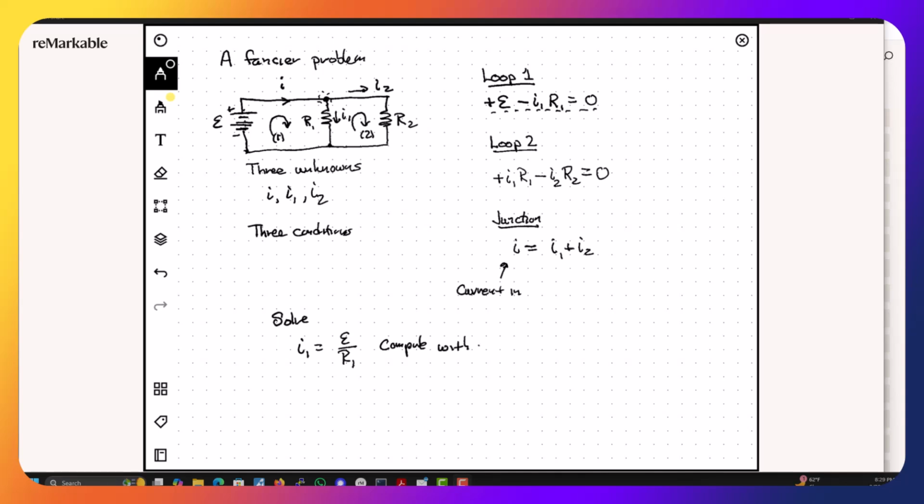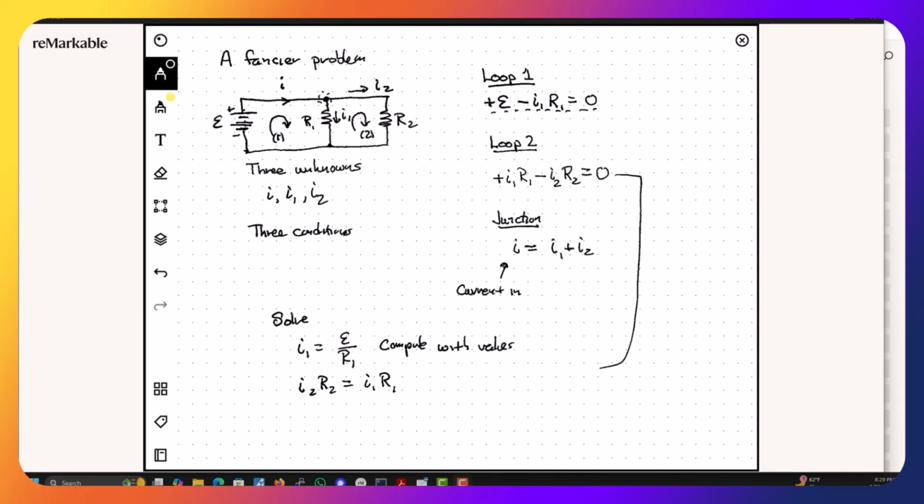So with values. Okay. So I now know I1, so I2 R2 is I1 R1, right?